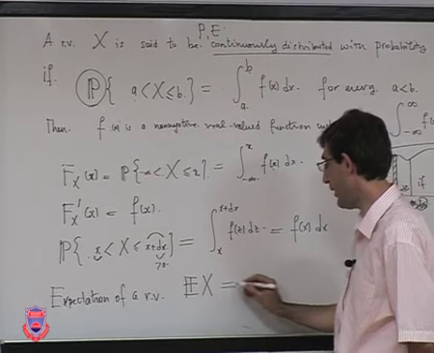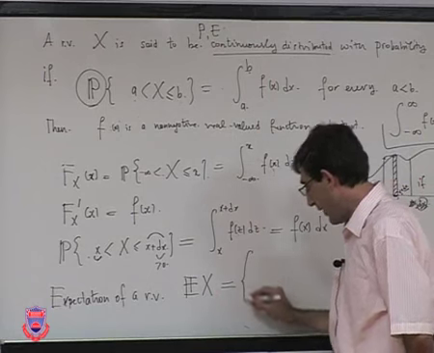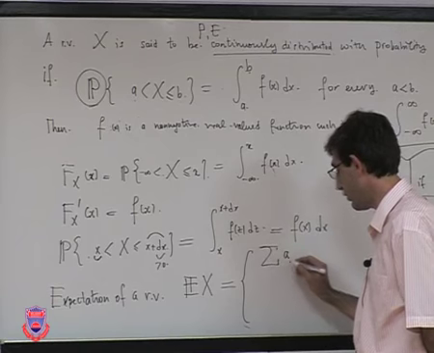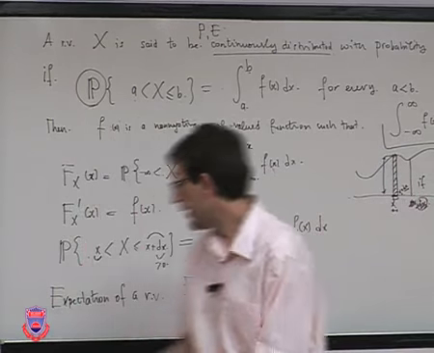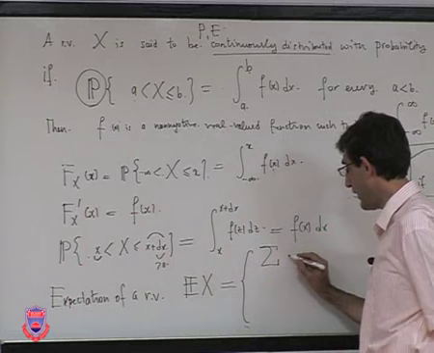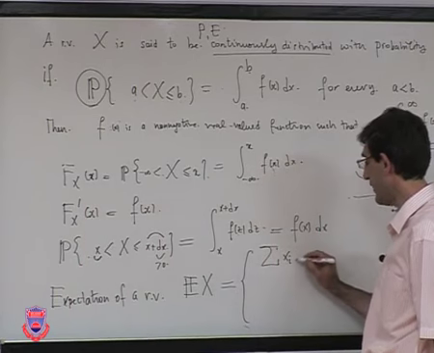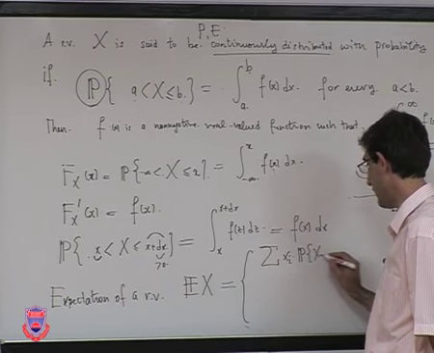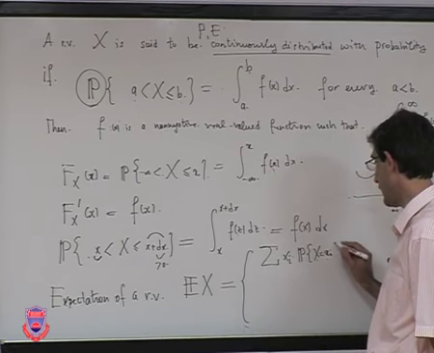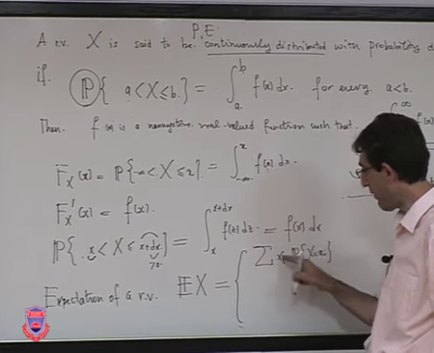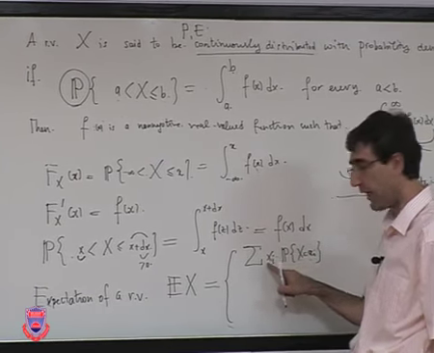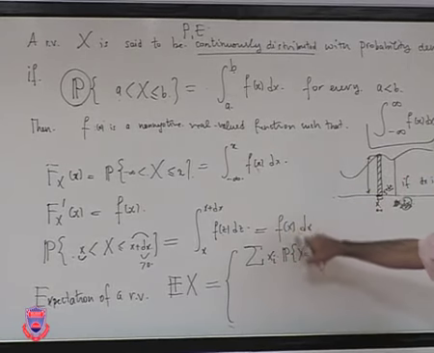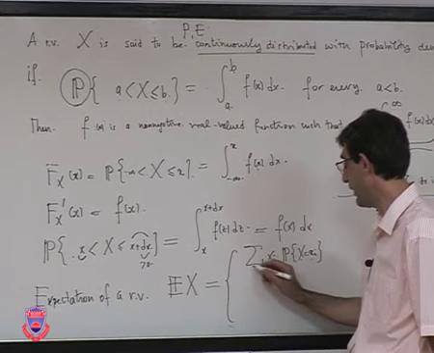Anyway, we can define this as the weighted average of the values a discrete random variable can take. So if it is x_i, for example, and the random variable X takes this value with probability P(X = x_i), I take the weighted average of the values the random variable X can take, with the probabilities with which the random variable will take them.